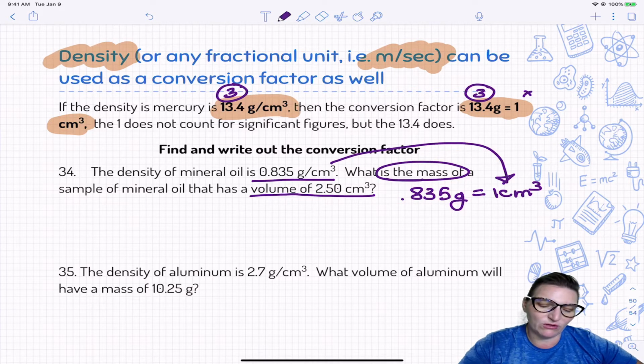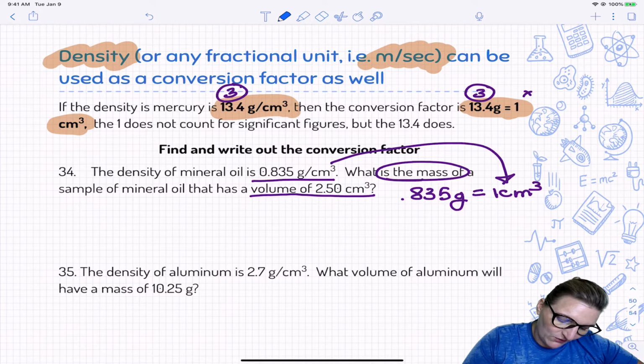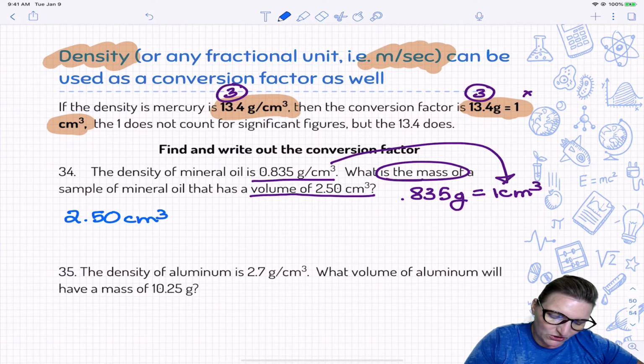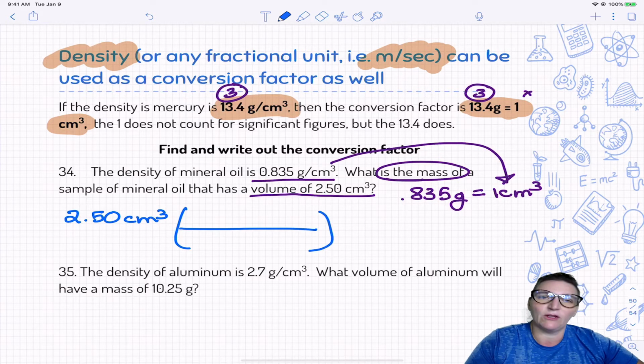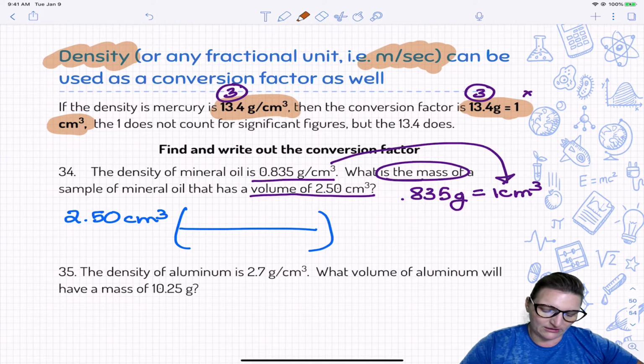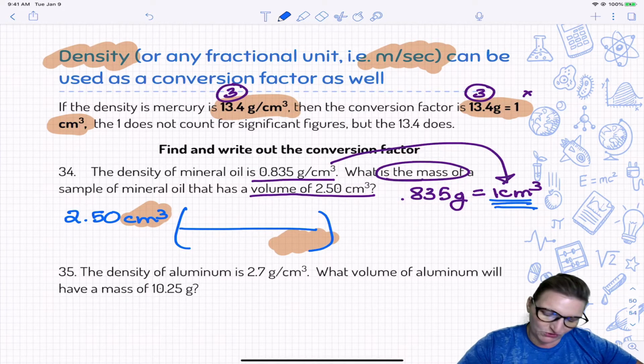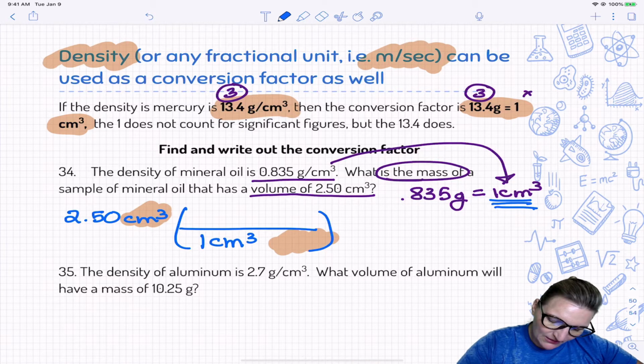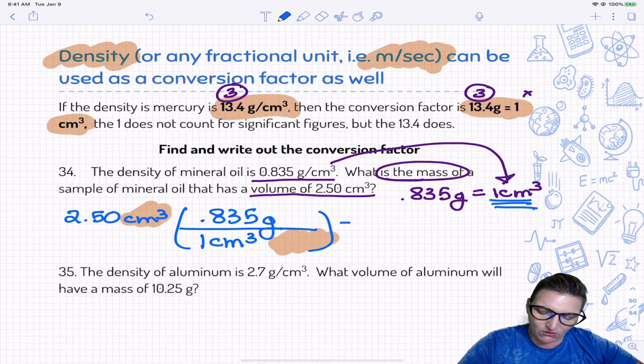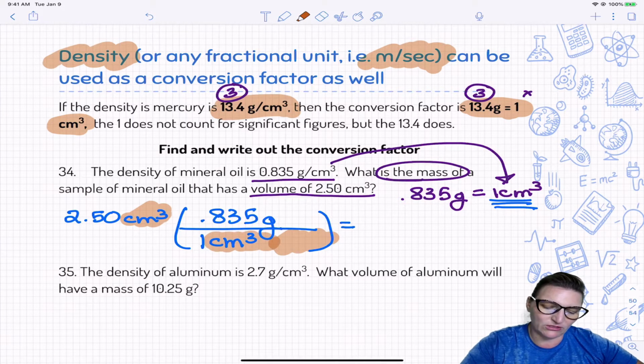Now I continue with the problem in the fashion that we've been doing for the past few videos. So 2.50 centimeters cubed, right? Whatever unit is out front has to match the unit down bottom. So I'm going to put the 1 centimeter cubed on the bottom, which means 0.835 grams is going to go up top. There's the unit that matches.